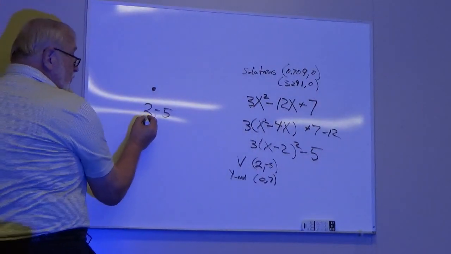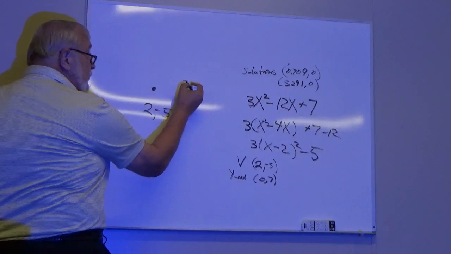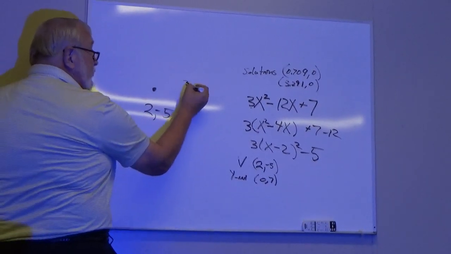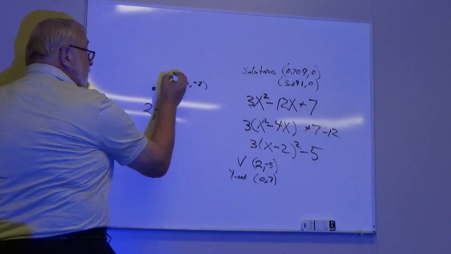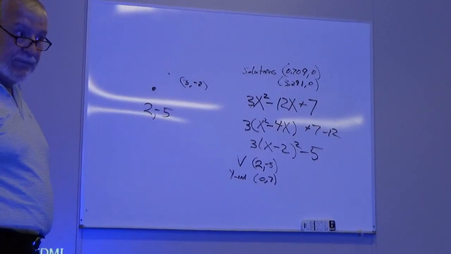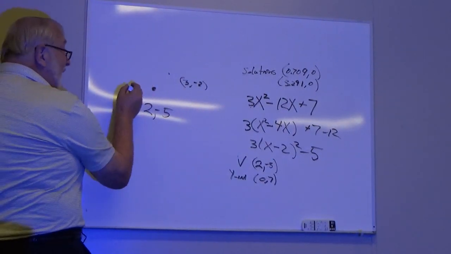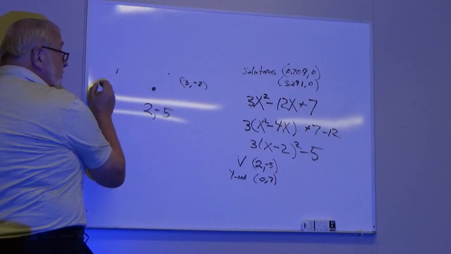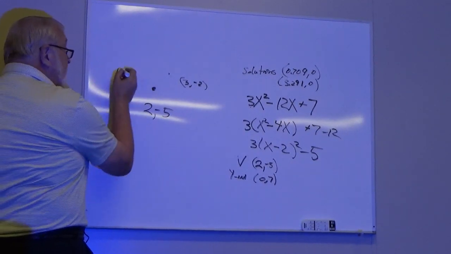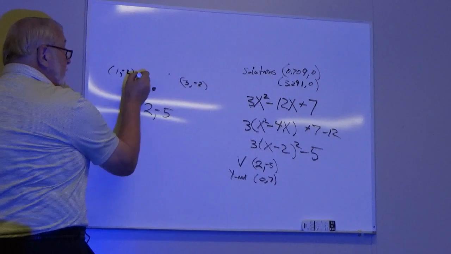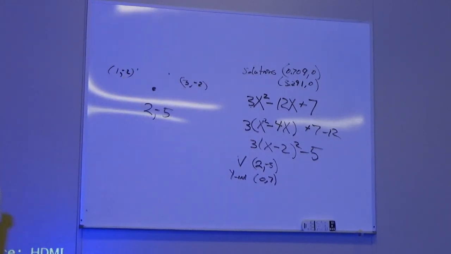So if I go over 1 on this, I'm at 3, and if I go up 3, I'm at -2. That's a point on the graph. If I go back 1, I go to 1. If I go up 3, I'm at -2, and that's a point on the graph.